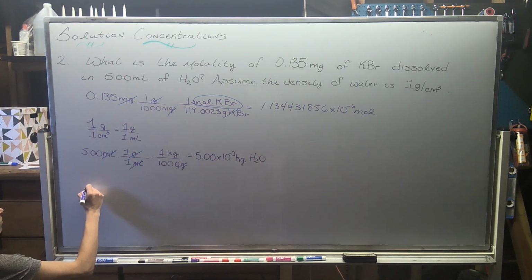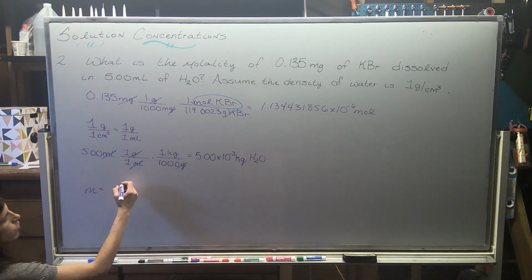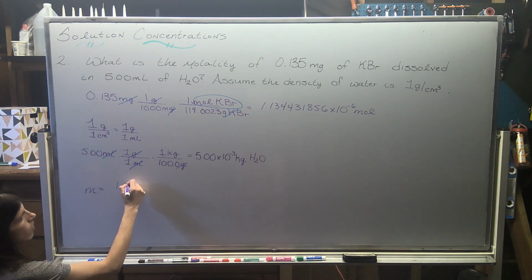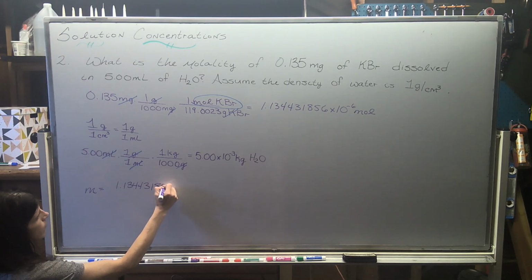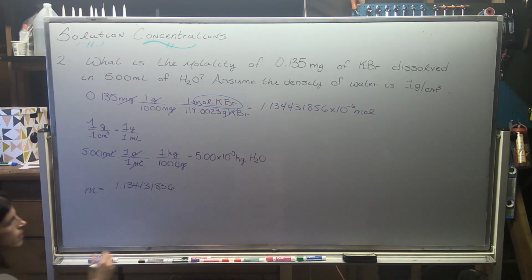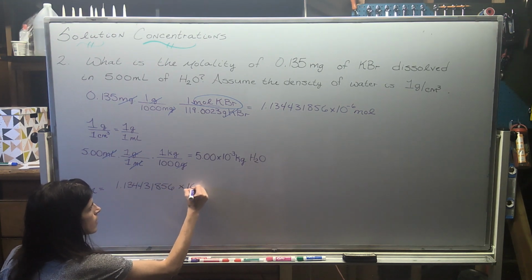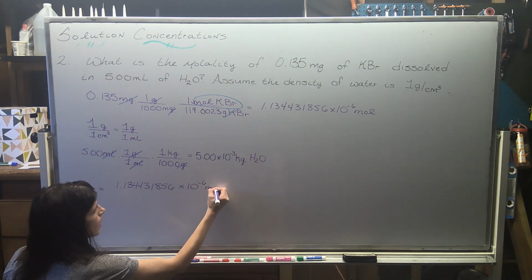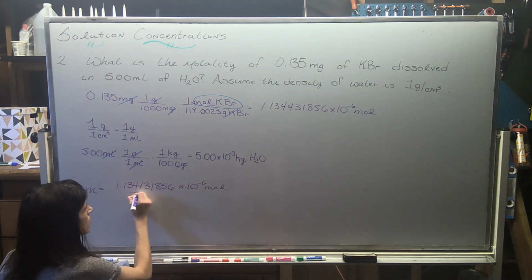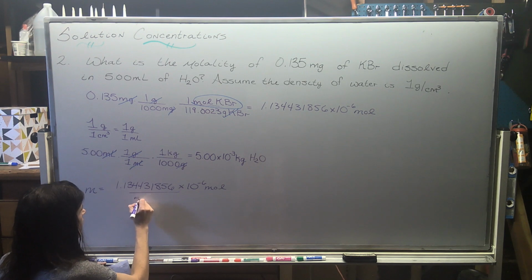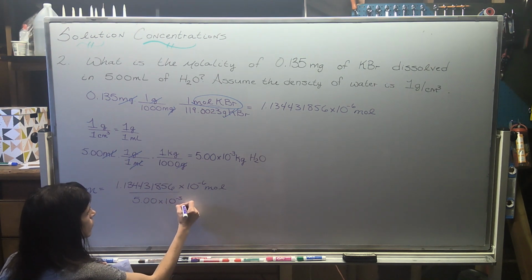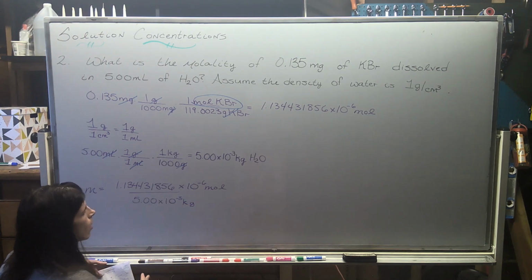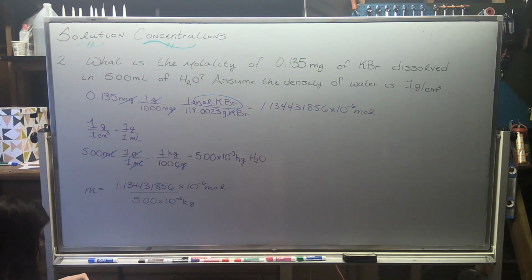So I'm going to do little m equals that 1.134431856 times 10 to the negative 6 moles of the potassium bromide divided by 5.00 times 10 to the negative third kilograms of our solvent, the water.